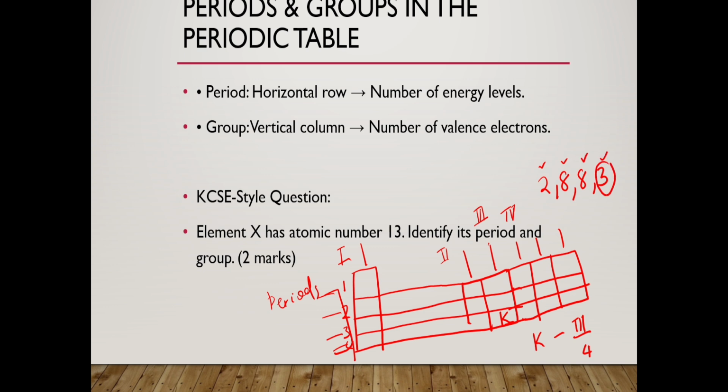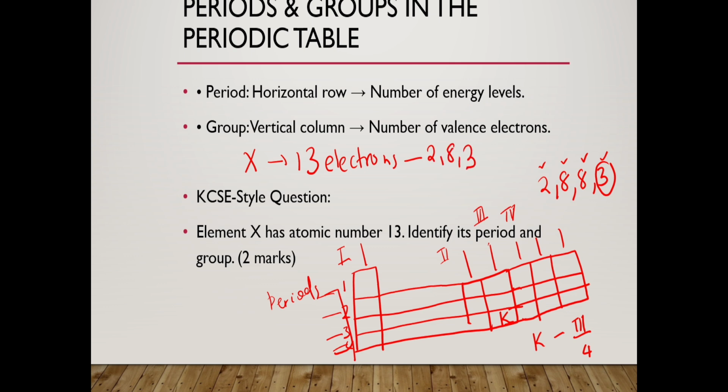So let's take an example, element X. Element X has an atomic number 13. Identify its period and group. Sometimes you might be given the atomic number, so 13 protons equals 13 electrons. How do you write its electronic configuration? It is written as 2, 8, 3.